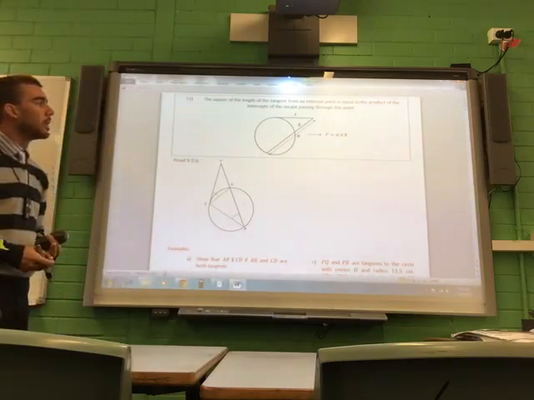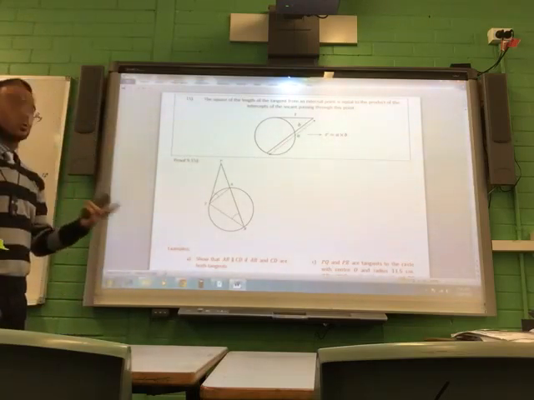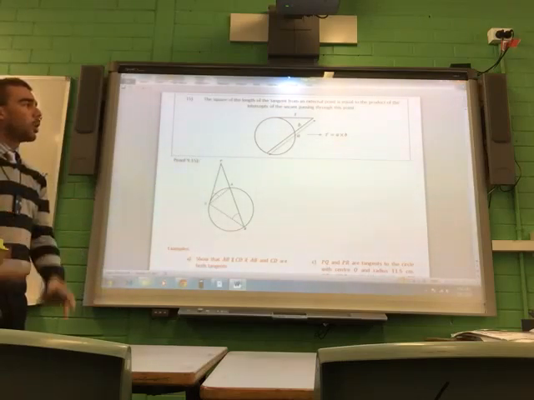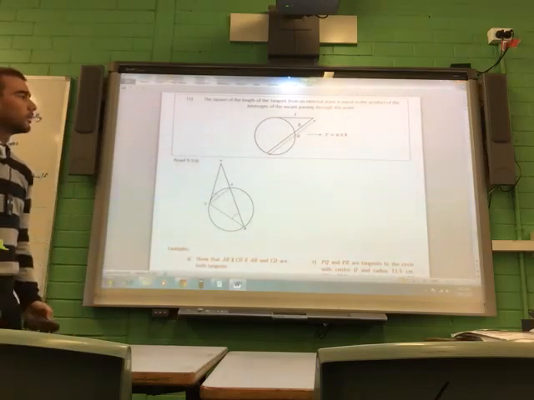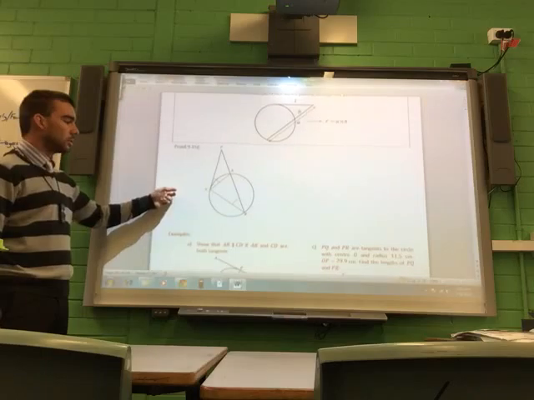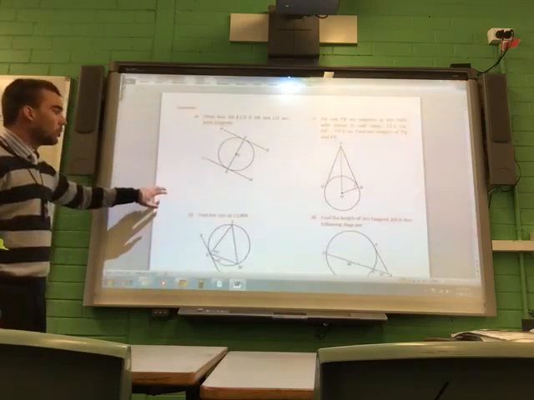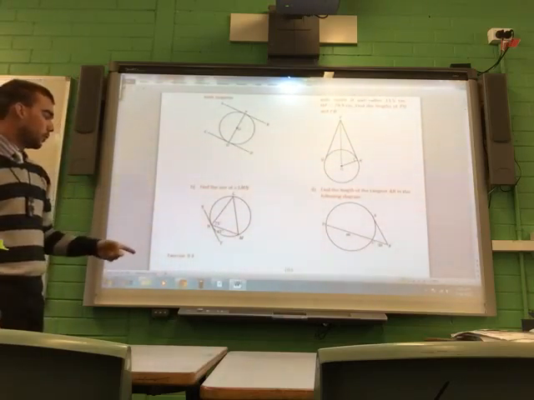So you need to remember that formula: T squared equals the overall secant length multiplied by the external point to the first point of contact with the circle.